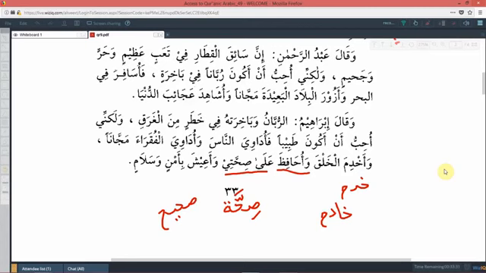وأحافظ على صحتي وأعيش, from عين يا شين, and I will live بأمن والسلام. Amin is safety, right? Like amana. Someone has amana, right? Things are safe with that person. Wassalam, and peace, right?